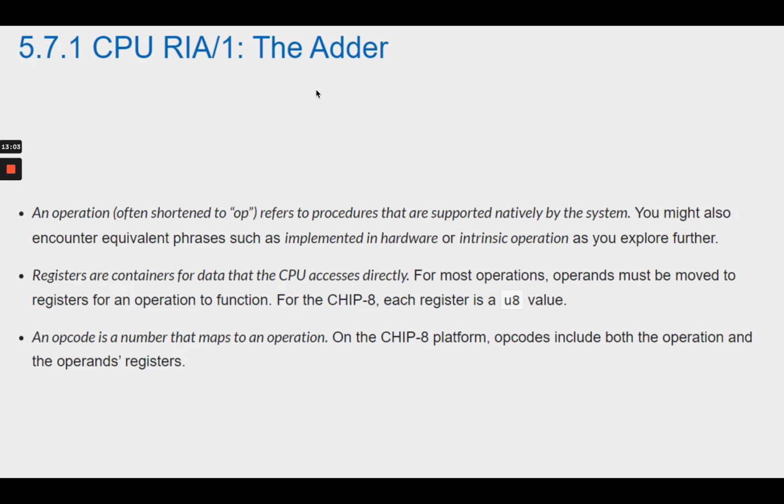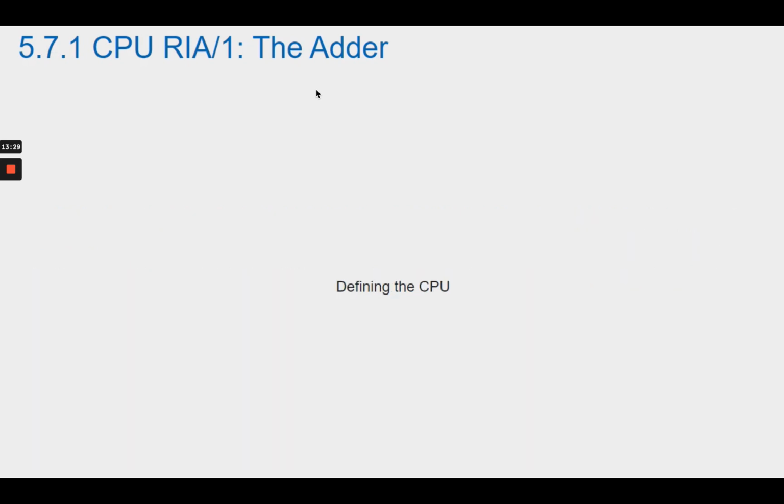Registers are containers for data that the CPU accesses directly. For most operations, operands must be moved to registers for an operation to function. For the Chip-8, each register is a u8 value. An opcode is a number that maps to an operation. On the Chip-8 platform, opcodes include both the operation and the operand's register.